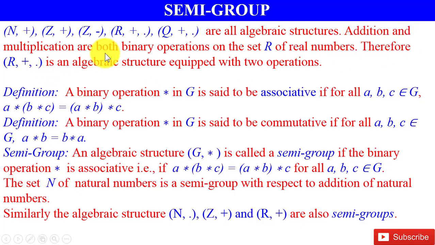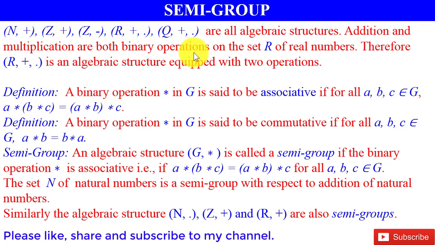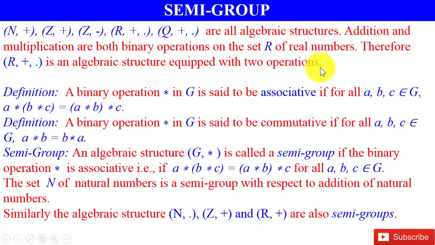Addition and multiplication are both binary operations on the set R of real numbers. Therefore, (R, plus, dot) is an algebraic structure equipped with two operations, plus and dot, that is usual addition and multiplication.